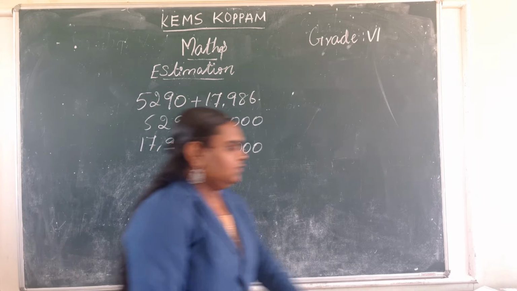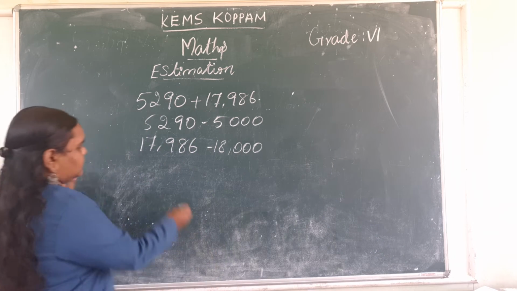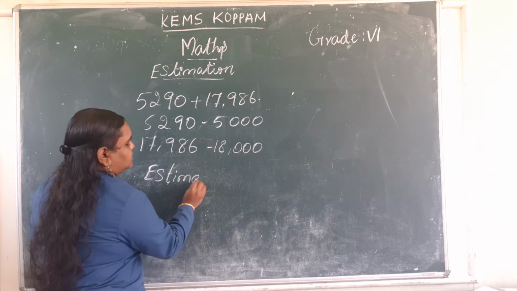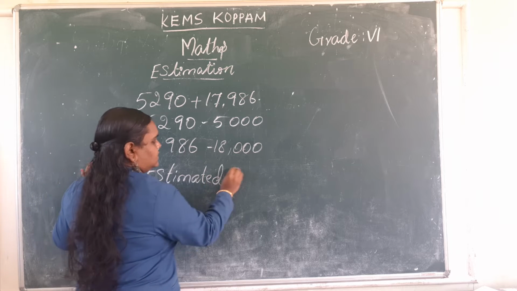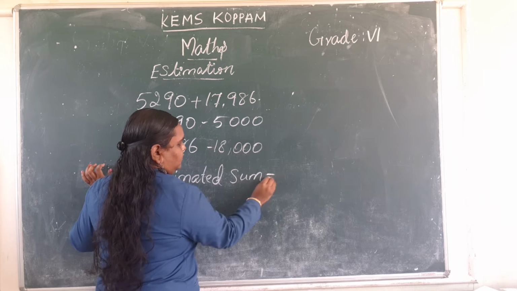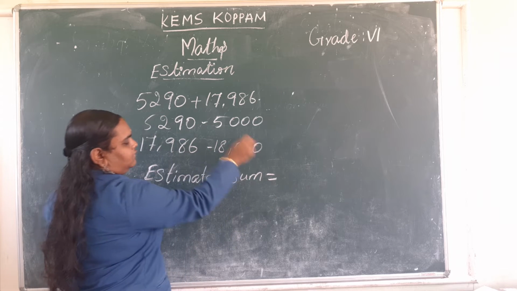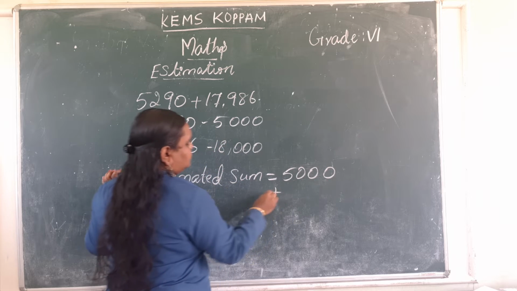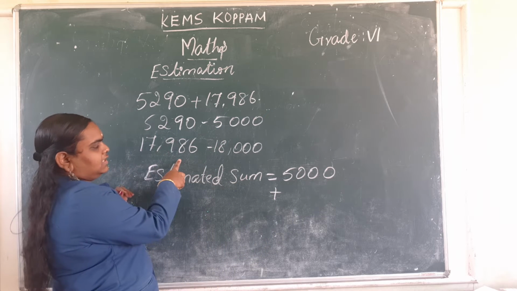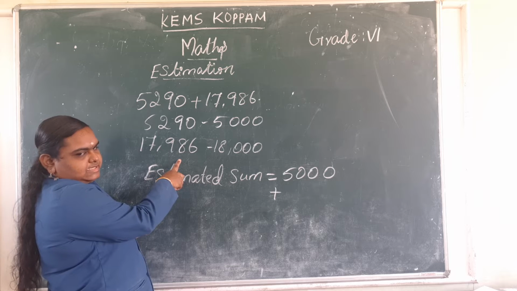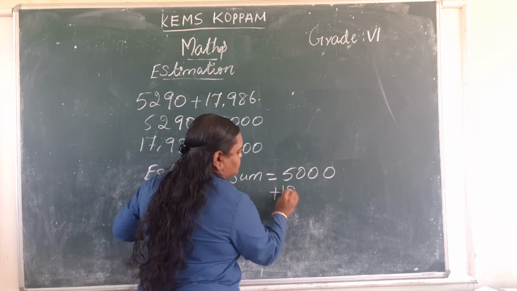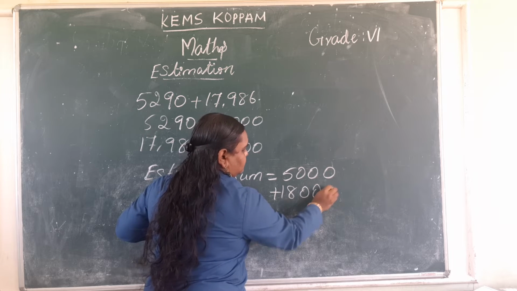Now we can add the estimated sum. The estimated sum is equal to, what is the first number we converted? 5,000 plus, the next number is 17,986, which we converted as 18,000.